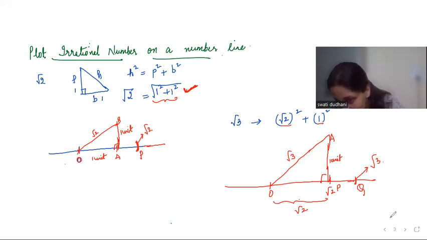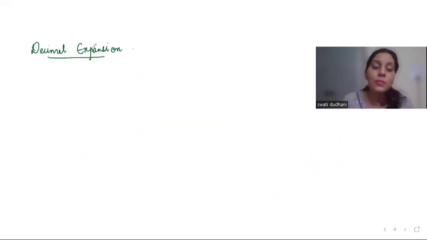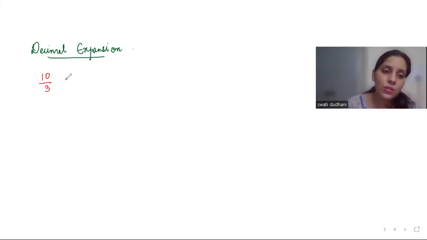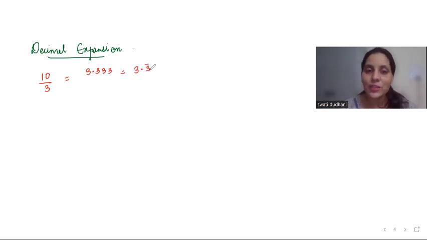All right. So next up we have decimal expansion. So what are decimal expansions? Let me take 10 by 3. So 10 by 3 is basically 3.333, which can be written as 3.3 bar, which means 3 is repeating multiple times.